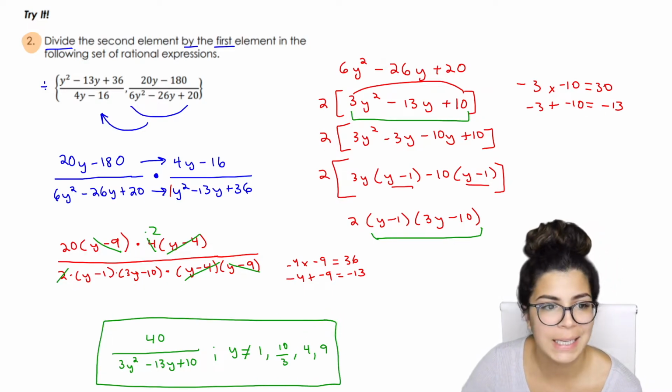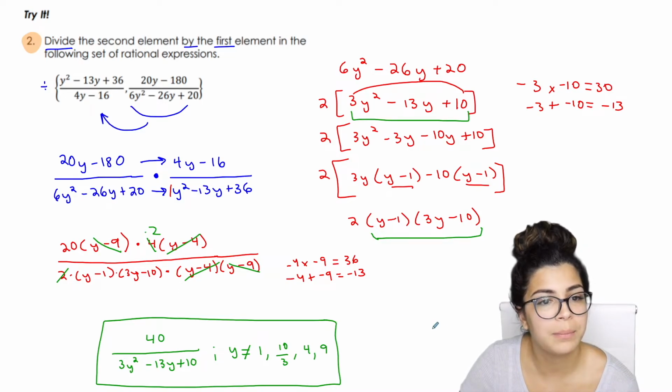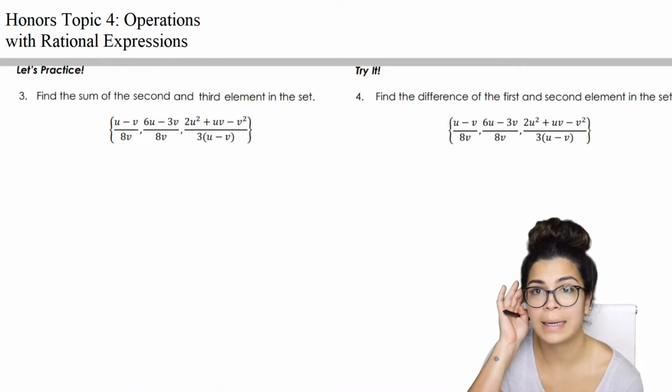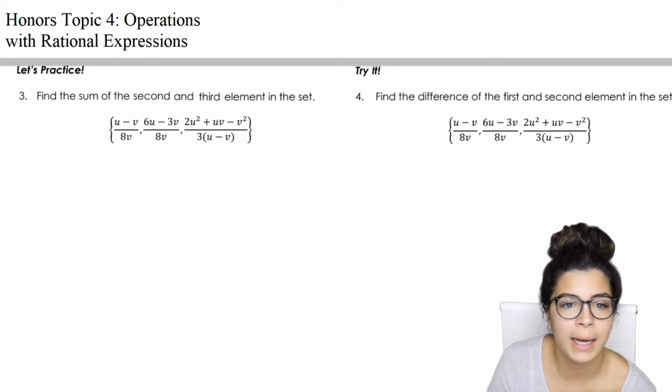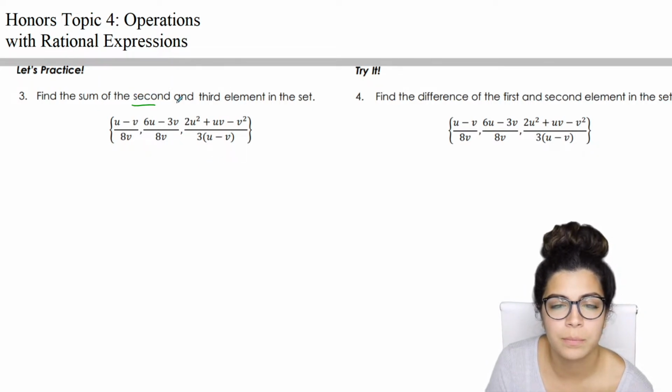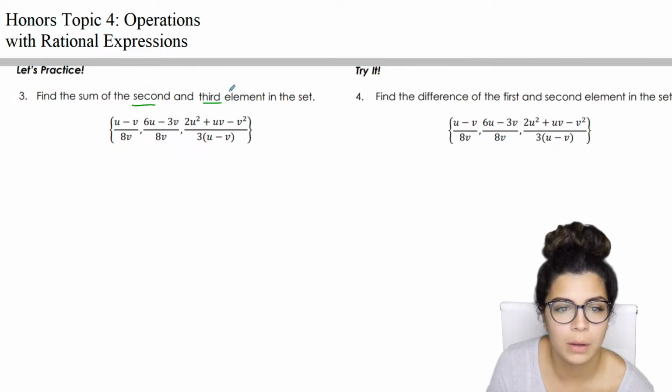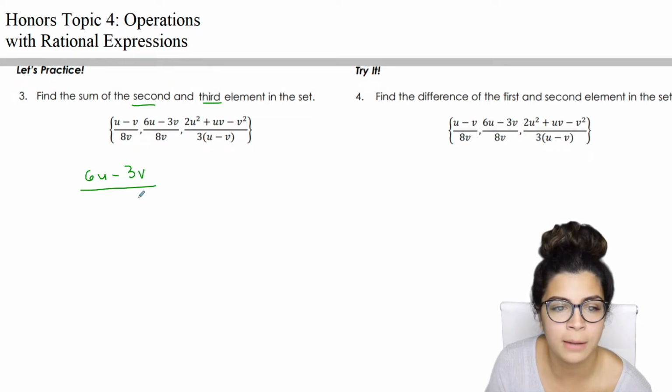All right. Let's try some different operations. Let's try adding and subtracting, right? So on number 3, we want to add the second and the third. So we're adding 6u minus 3v over 8v.